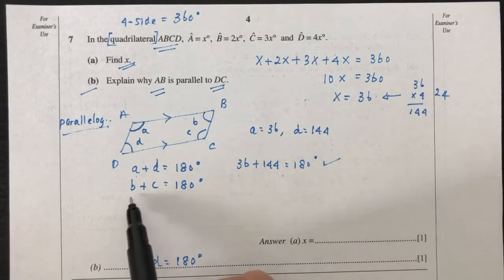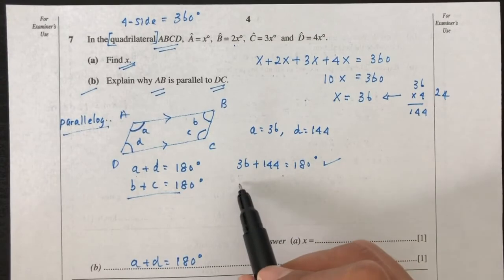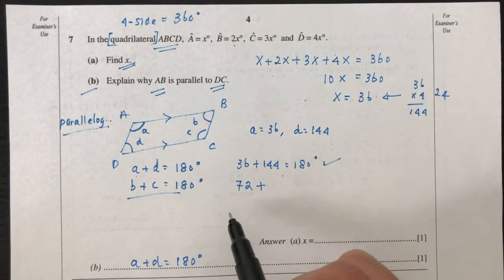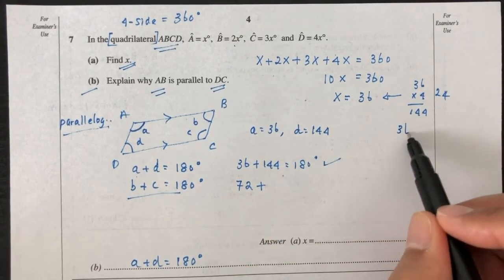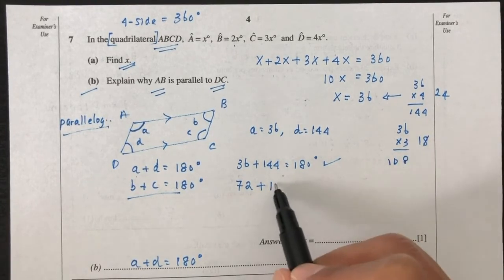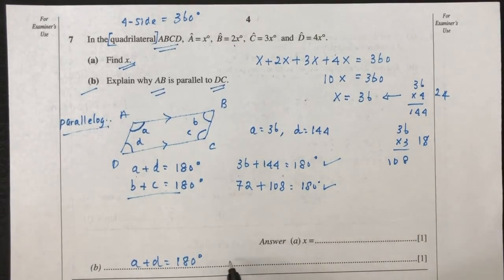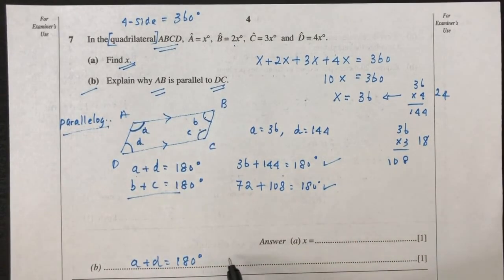For this one, B is equal to 2x, so 2 times 36 is 72, plus C, 3x, is 36 times 3, that will be 108. So 72 plus 108 is also equal to 180. So you have proven that A plus D and B plus C are equal to 180.